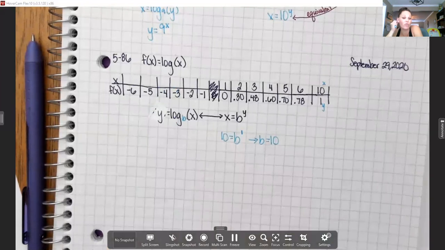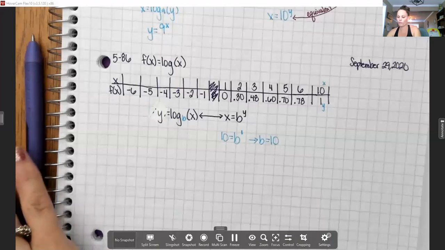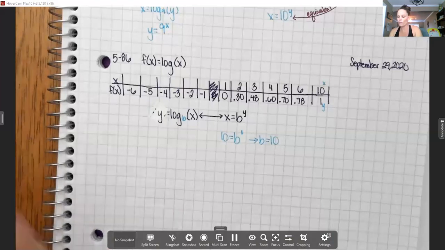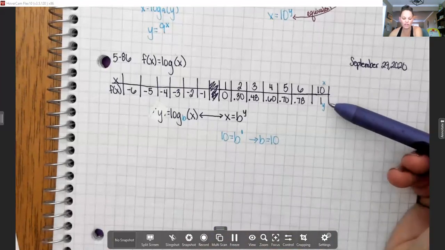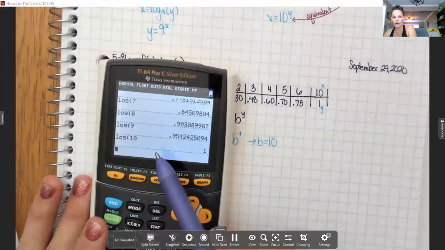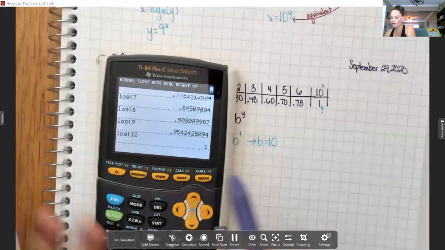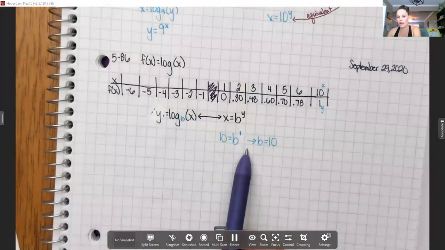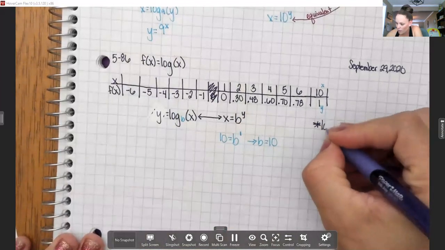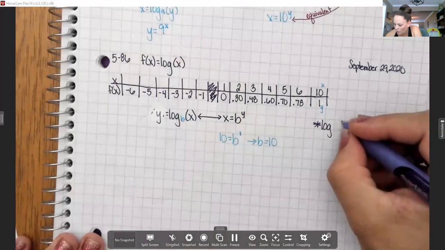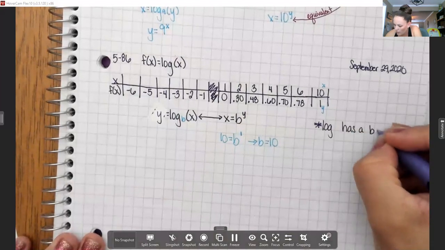It's implied that you know that the base is 10. Hopefully that makes sense. I went through my calculator and figured out when I got to 1, and then I just wrote it this way. So the log button, log has a base of 10.